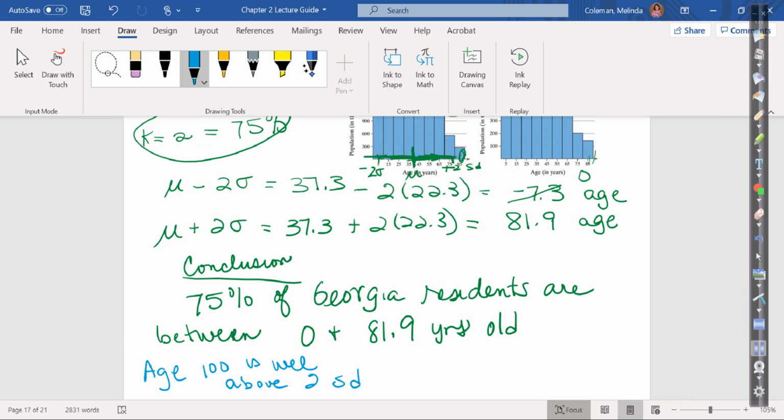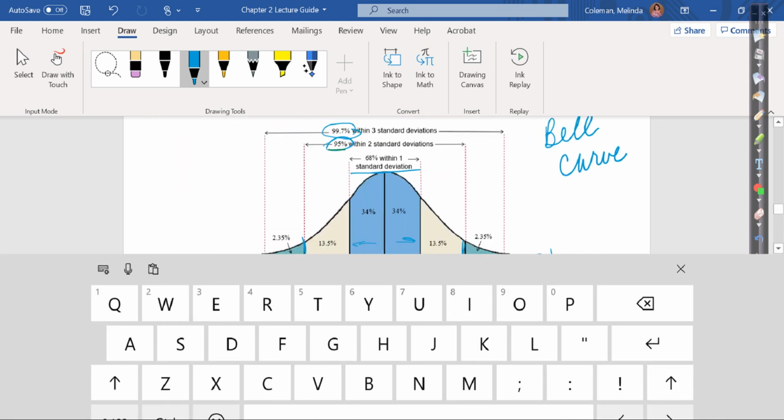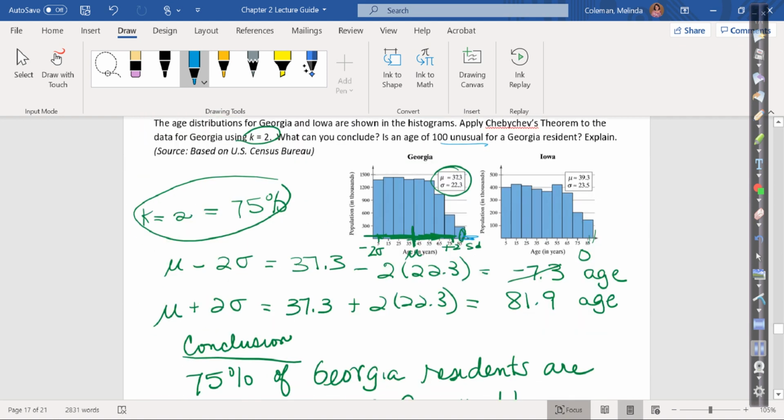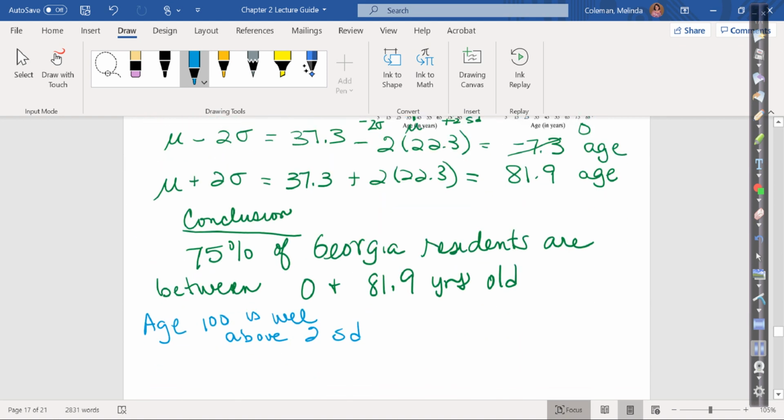And since it's well above in this direction, then to reach 100 in Georgia is very uncommon. Which, again, shouldn't surprise anybody, because how many 100-year-old people do you know?